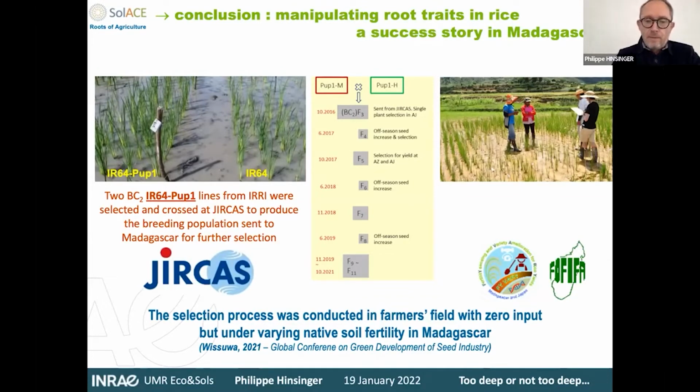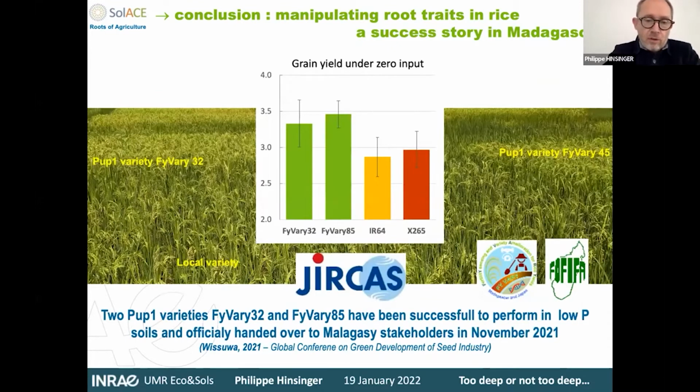And you see that the process went from 2016 to 2021. And these are some of the results they obtained with 2 lines that are now released as varieties. So 5-vari32 and 5-vari85 are outperforming, in this case, IR64, and also a local variety that is largely used by farmers.